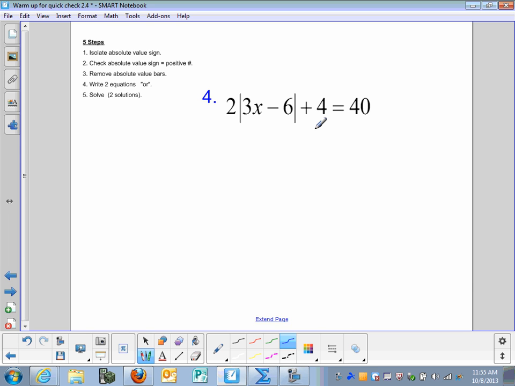So we're going to think of PEMDAS backwards, and we're going to first subtract 4 from each side. Then we're going to divide by 2.